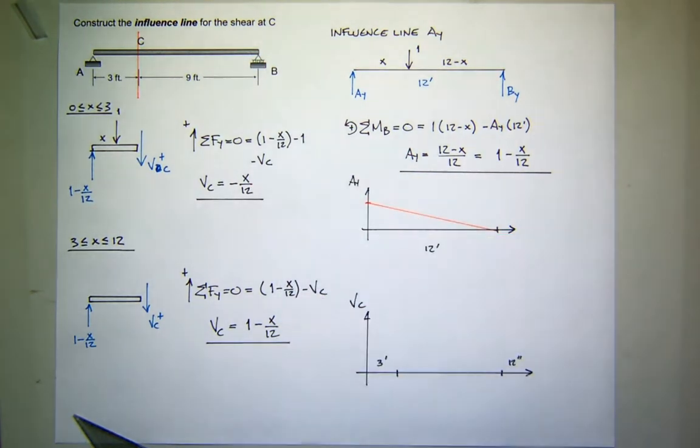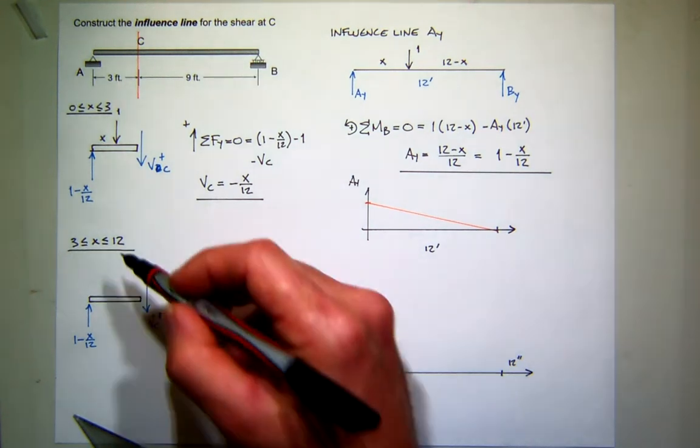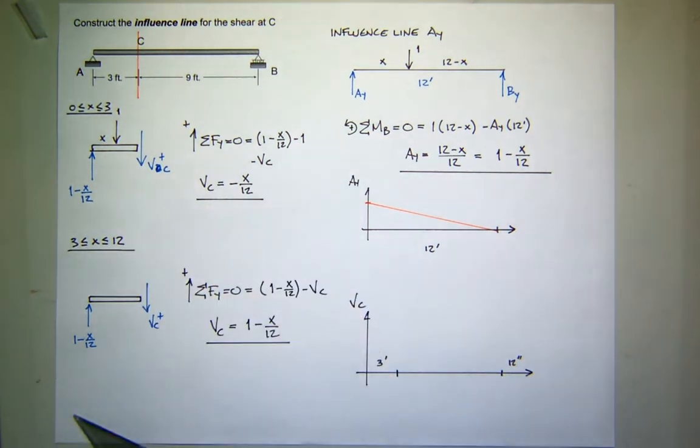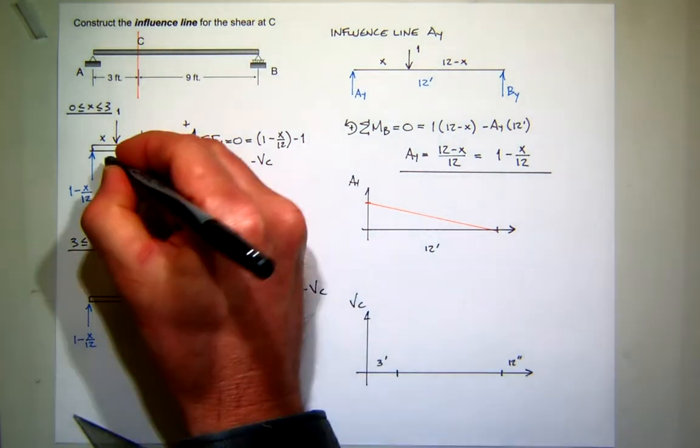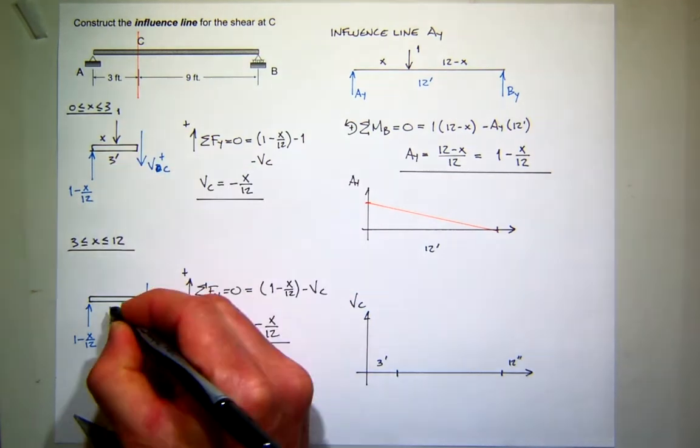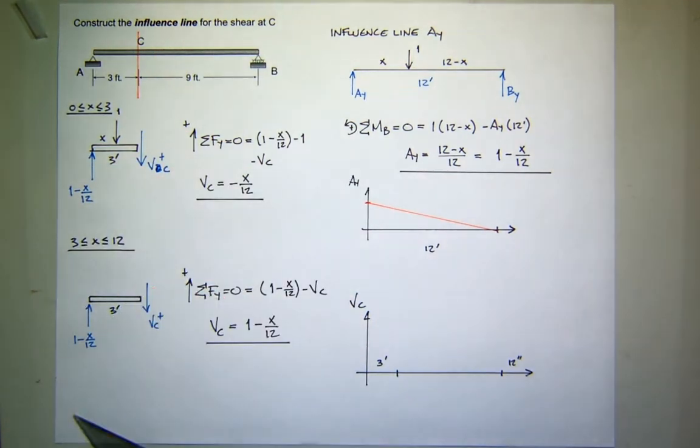I was thinking that you were drawing the free body between 3 foot and 12. No. Remember, x is the location of the unit load. This free body, I forgot this dimension. This free body is always 3 feet long. That doesn't change. That's probably what's messing you up a little bit, because you're thinking you're cutting the section at a variable x and you're trying to find the shear and moment internally as a function of x.